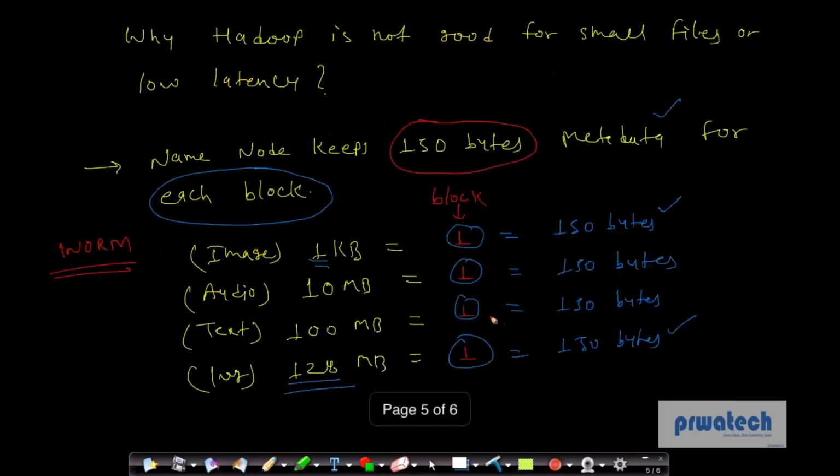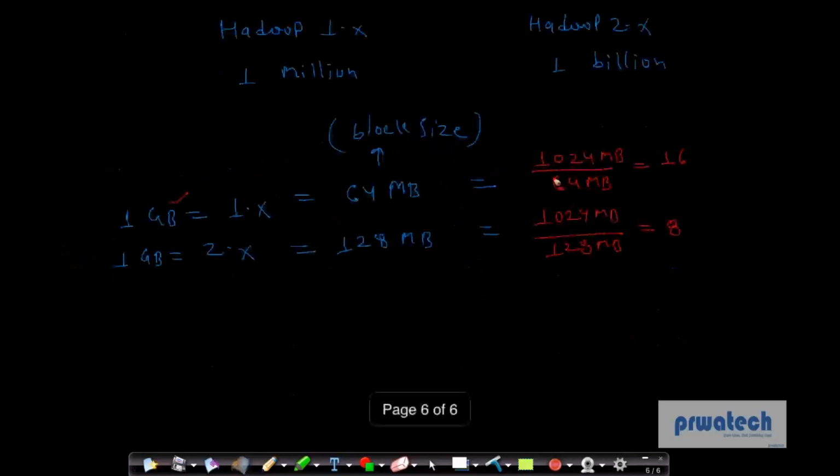But what did we say here? For every block, they are keeping 150 bytes of metadata. I'll keep visiting this page, guys, because this is a very important point. So 16 into 150 bytes, 8 into 150 bytes. Which one is bigger? Where am I getting more metadata?